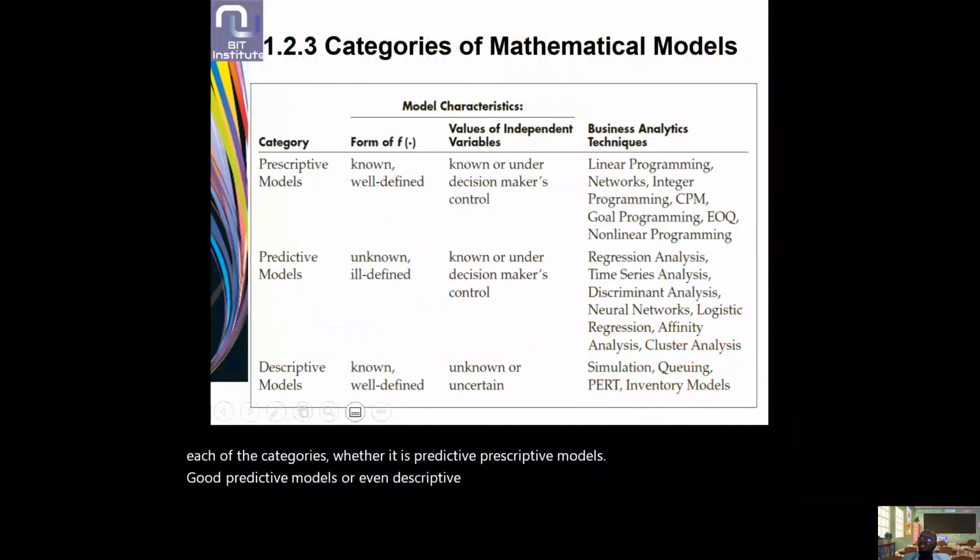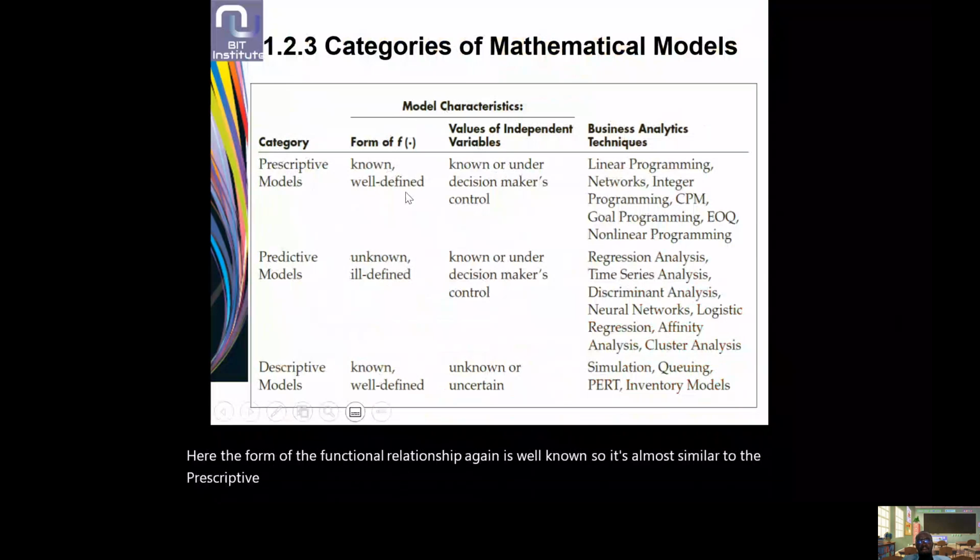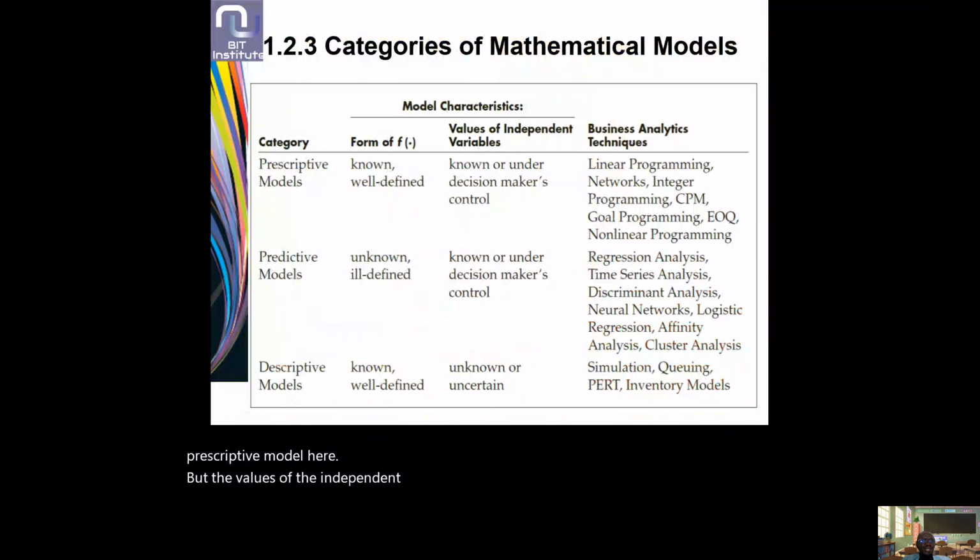Now, when we come to descriptive models, here the form of the functional relationship again is well known, so it's almost similar to the prescriptive model. But the values of the independent variables are unknown or are not under the control of the decision maker.